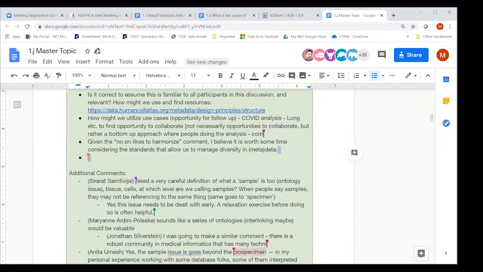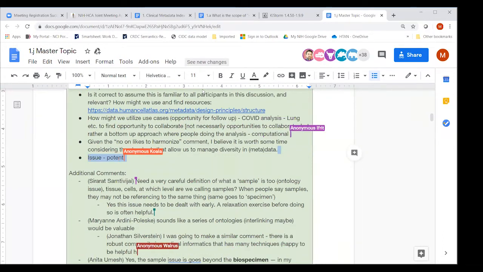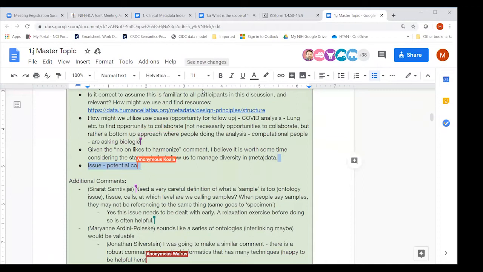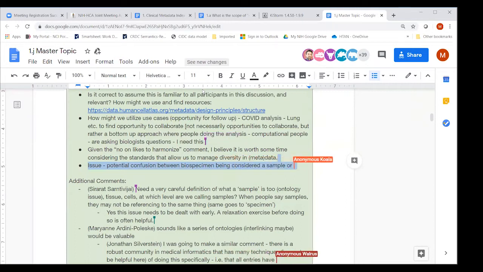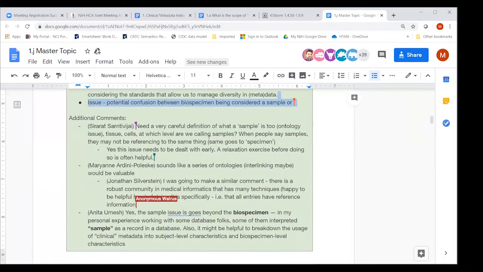And also to make a distinction between what is coming out of the subject level information versus the biospecimen level information, because the hierarchical structure of the information that you collect from a subject, that goes down to the biospecimen, that goes down to the assay level, to even the platform in which RNA or DNA is analyzed, becomes important.